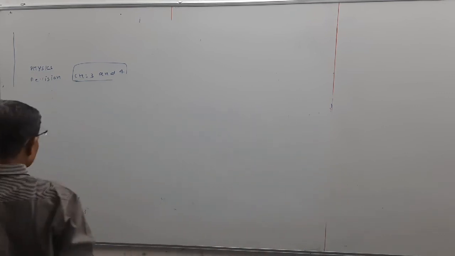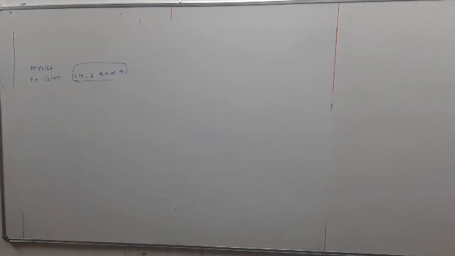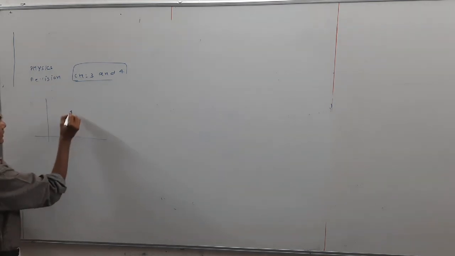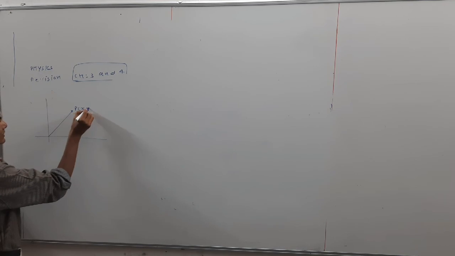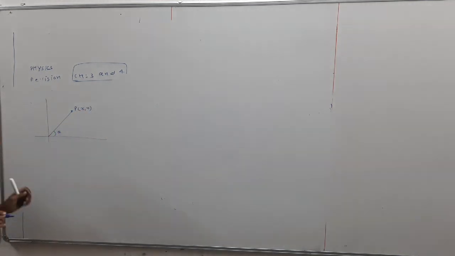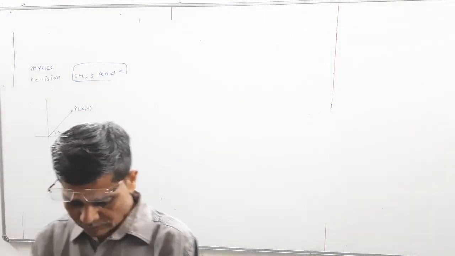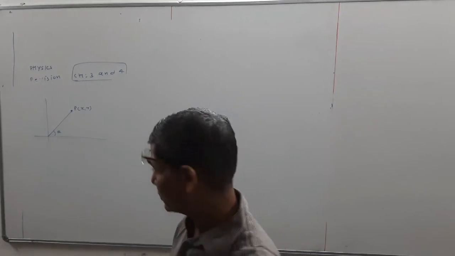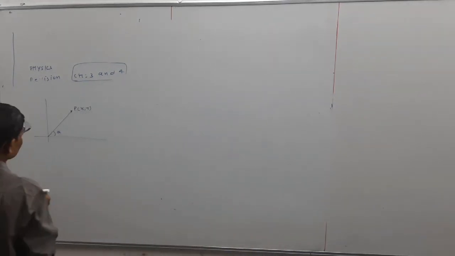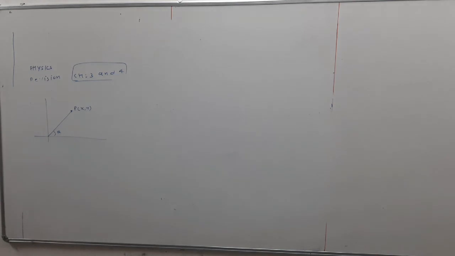Now let us take a question regarding vectors. P is a particle whose components are x and y, and the angle is theta. We have to find the component of a vector which is perpendicular to this.